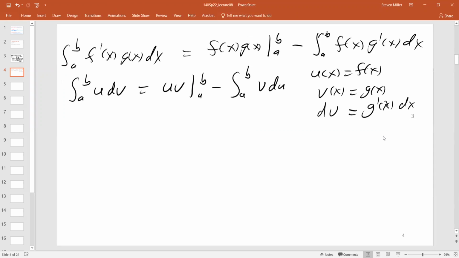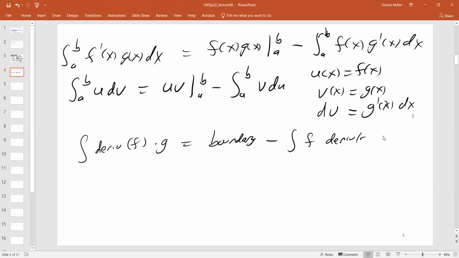Okay. So what is nice about this expression? What we really have is the integral of derivative of f times g equals boundary minus the integral of f times derivative of g.